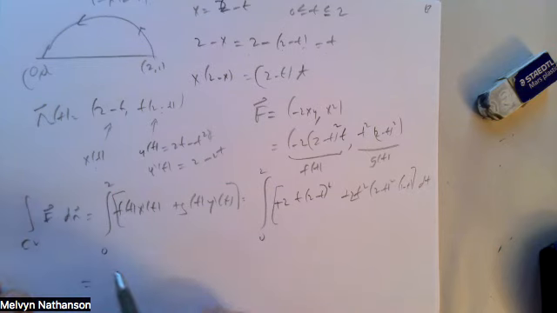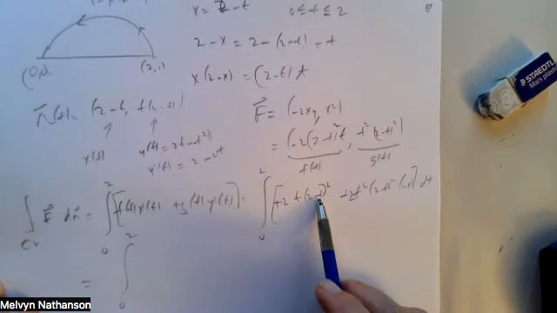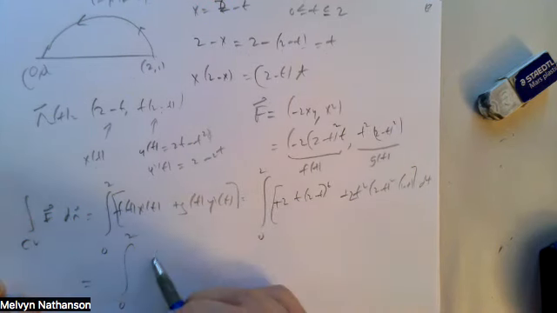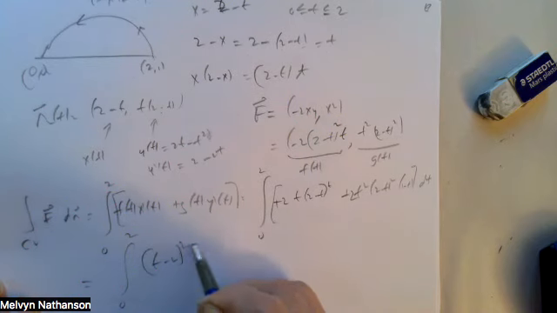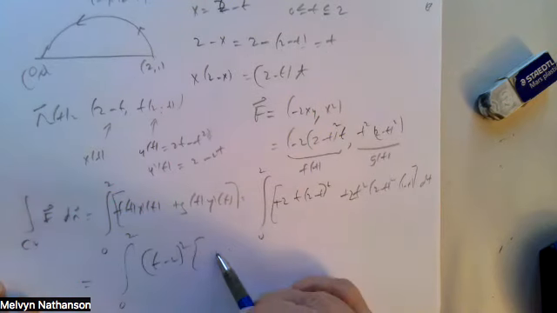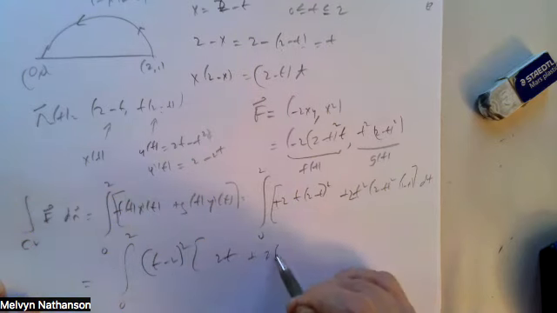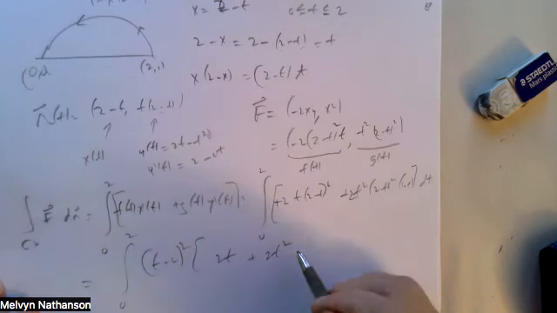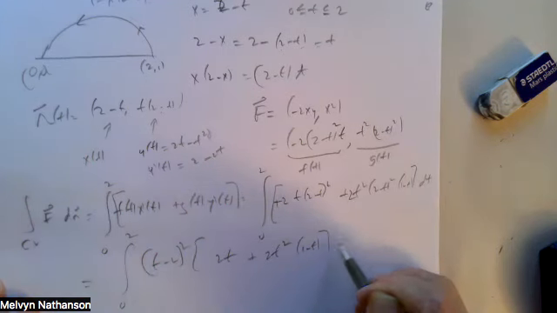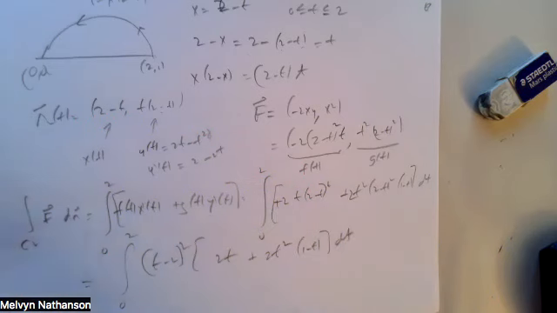So this is the integral from 0 to 2. 2 minus t and t minus 2 squared are the same. This is 2t (t minus 2) squared plus 2t squared times (1 minus t) dt.